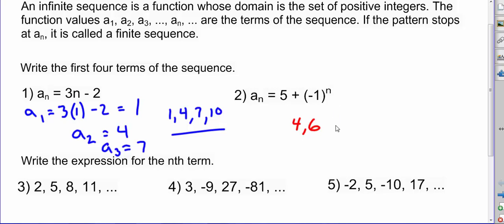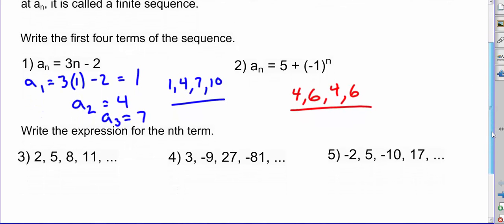That's 6. When we go negative 1 to the third, that's 4. Negative 1 to the fourth is positive 1, so 5 plus 1 would be 6. And since it says to find the first 4, I'm done. 4, 6, 4, 6. Just a repetitive cycle.